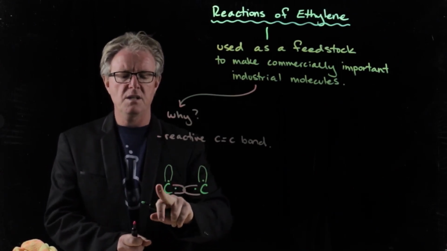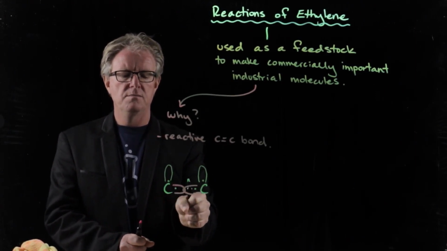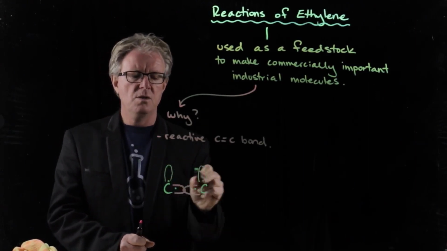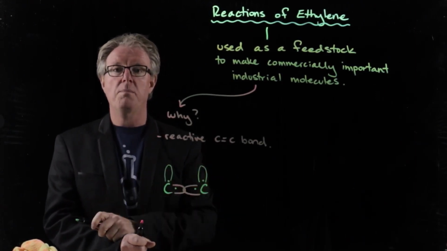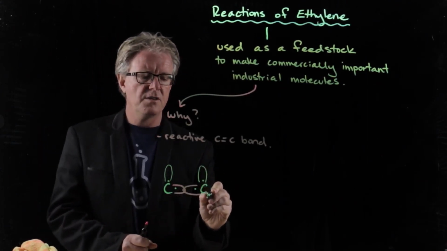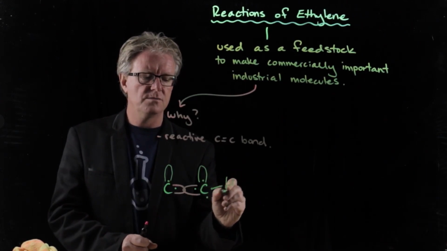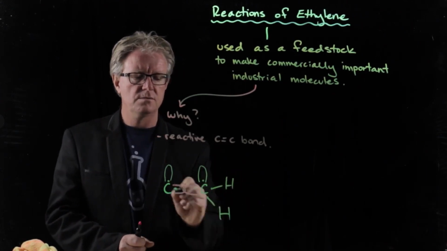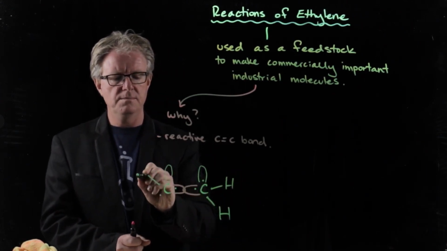But let's not worry about those at the moment. These 2 here occupy these top y regions, and the other 2 here bond onto hydrogen. I'll just draw them in.